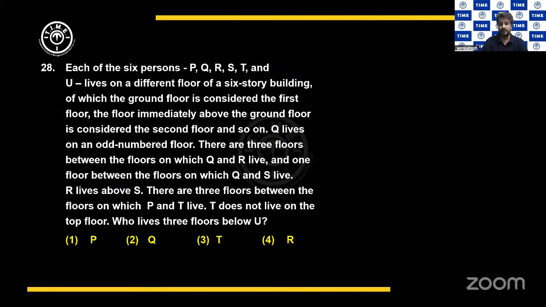Right. You may try this for some time. Each of the 6 persons, P, Q, R, S, T, and U, lives on a different floor of a 6-story building, of which the ground floor is considered the first floor and the floor immediately above the ground floor is considered the second floor and so on.